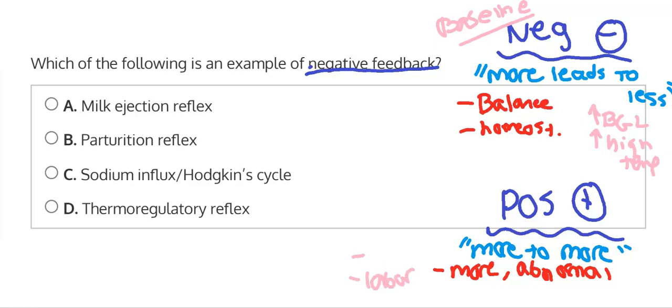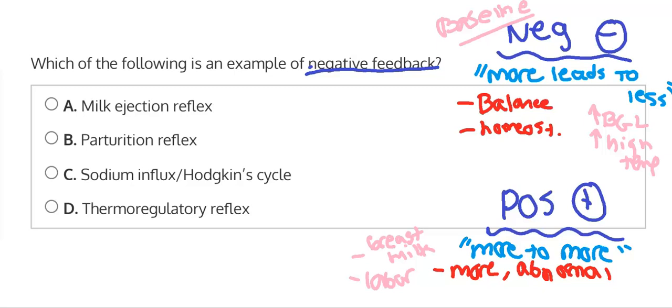Same thing with stimulation for breast milk secretion. That's not normally part of your homeostasis state. If you weren't nursing, your body shouldn't normally be producing it. Because it's something out of the ordinary, more leading to more, that is an example of positive feedback.